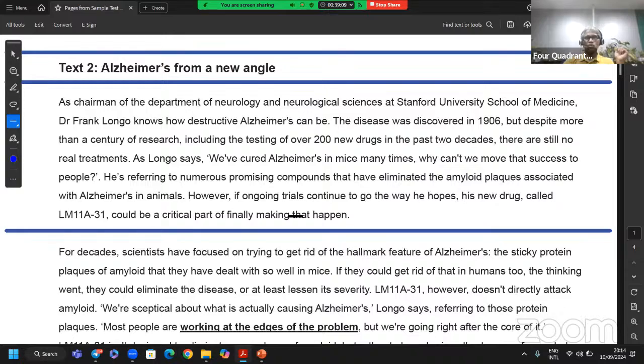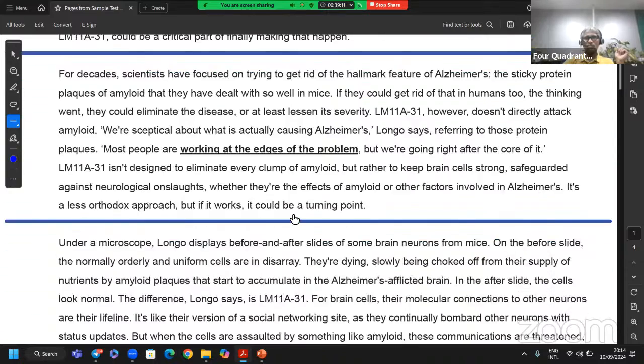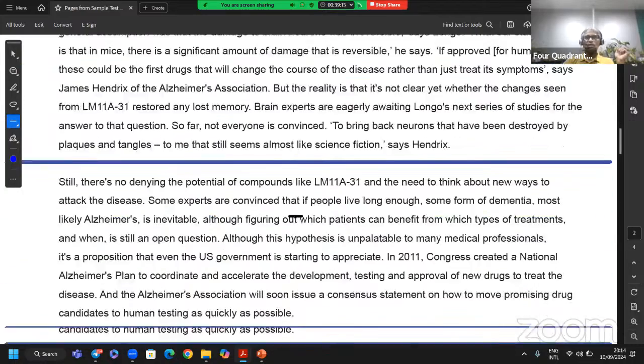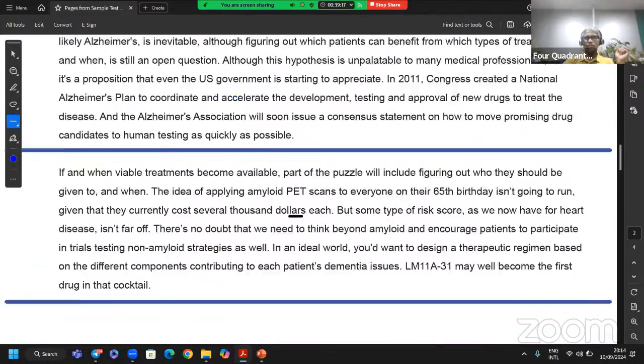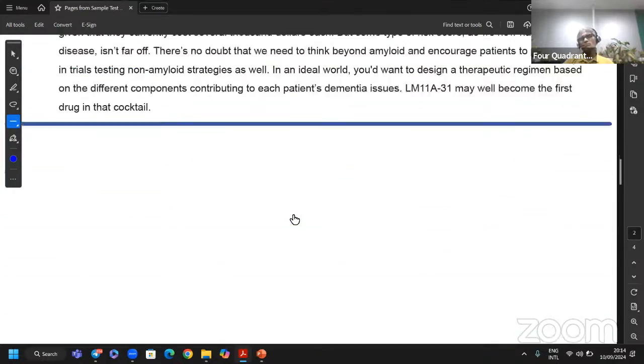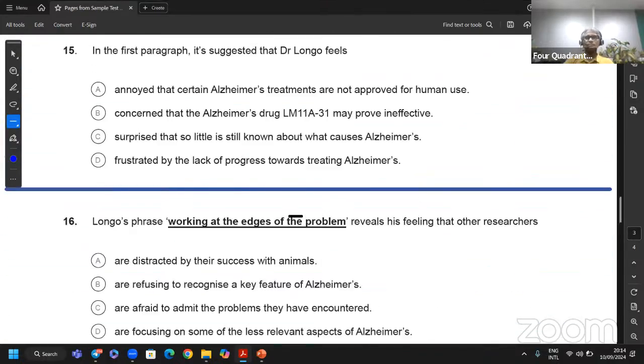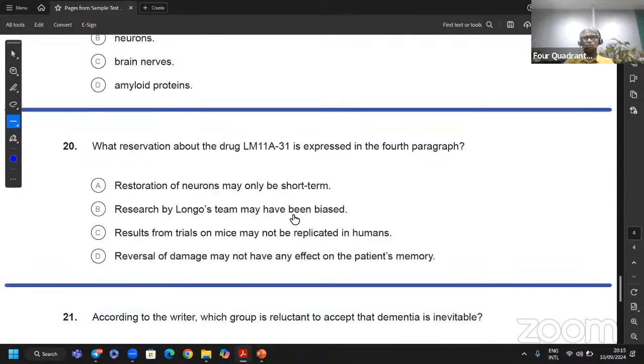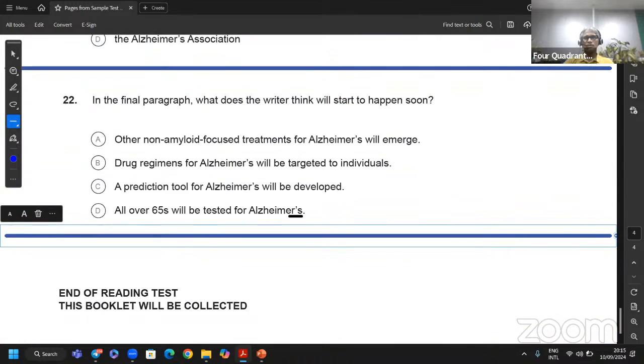So I can understand this is the first paragraph, this is the second paragraph, and this is the third paragraph, and this is the fourth paragraph, fifth paragraph, and sixth. So there are 6 paragraphs, and questions 1, 2, 3, 4, 5, 6, 7, and 8. So 8 questions and 6 paragraphs.